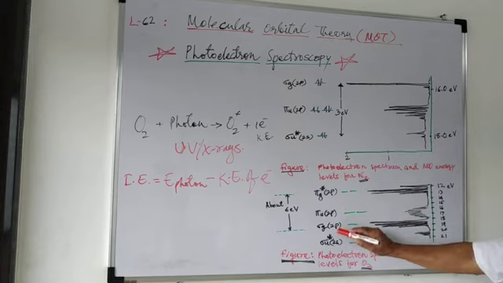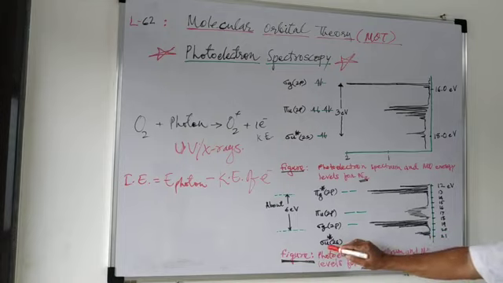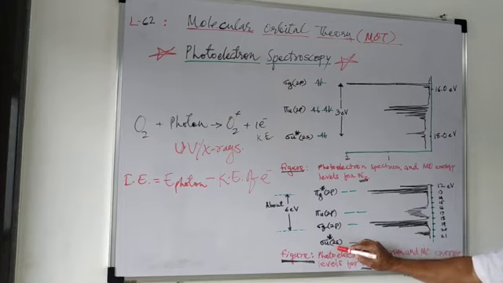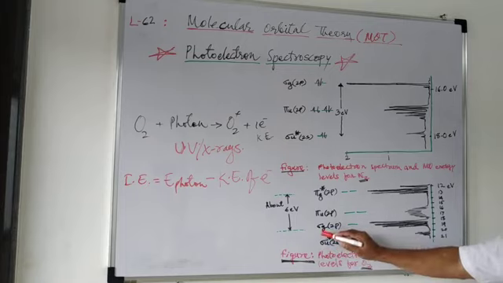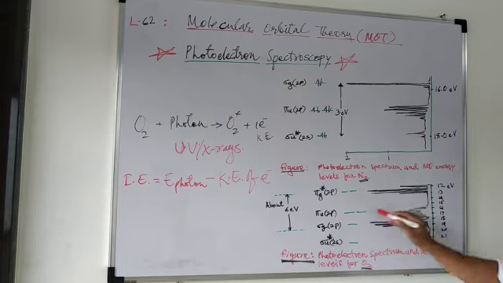Again we will get the sigma g 2p orbital corresponding to these peaks. These peaks appear between 18 and 19 electron volts, and this last peak appears between 20 and 21 electron volts. This corresponds to sigma u star 2s. This corresponds to sigma g 2p, and this fine spectrum corresponds to pi u 2p.